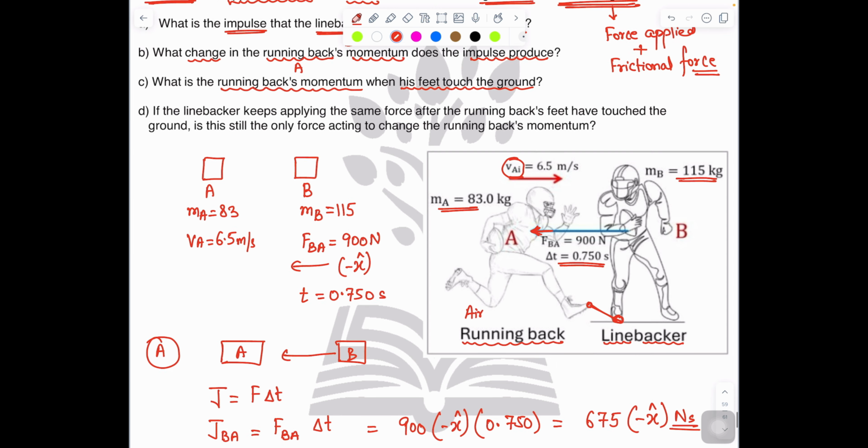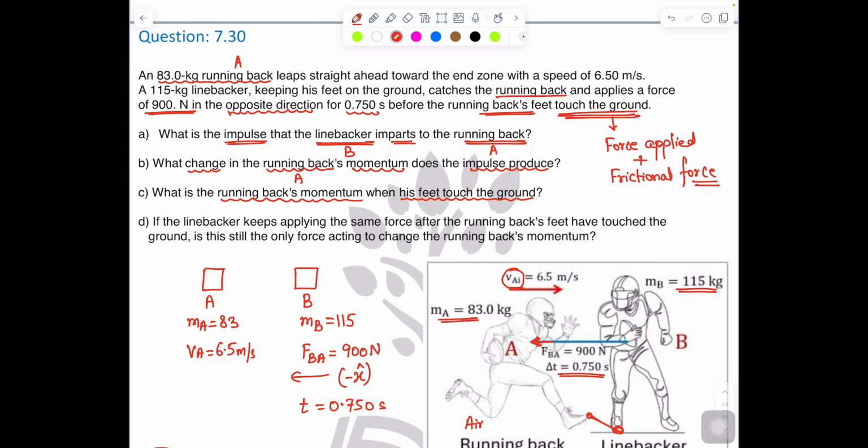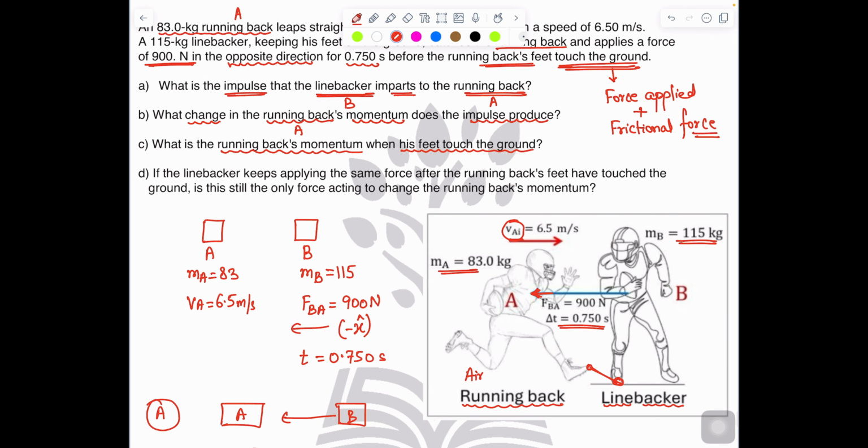Okay, now case D. If the linebacker keeps applying the same force, person B applies the same force on person A, after the running back's feet have touched the ground, is this still the only force? No. I told you there are two forces. One is the applied force, the second is the frictional force acting to change the running back's momentum.